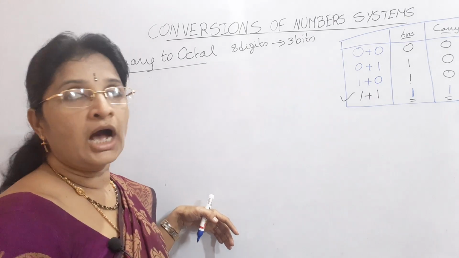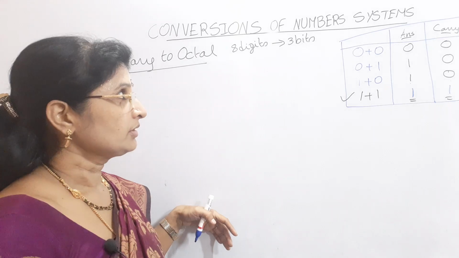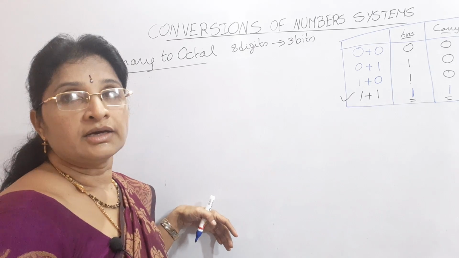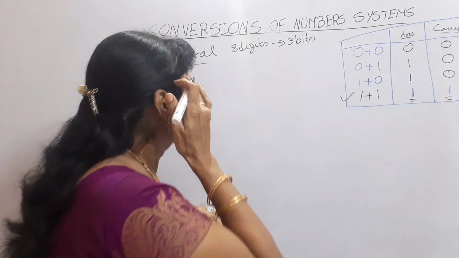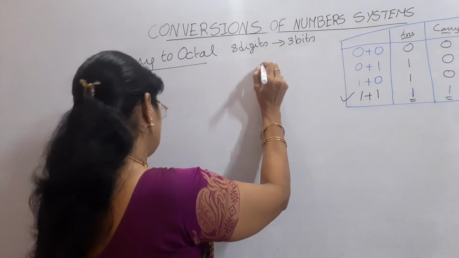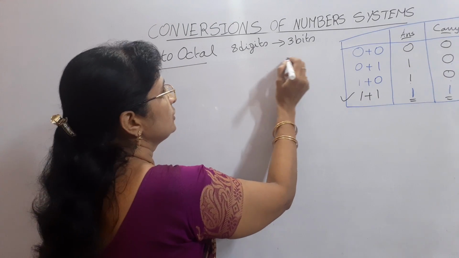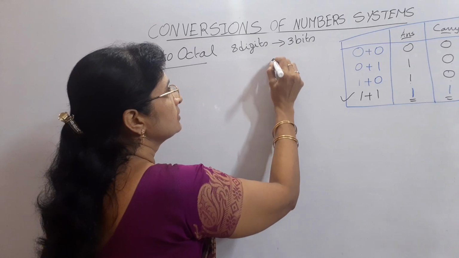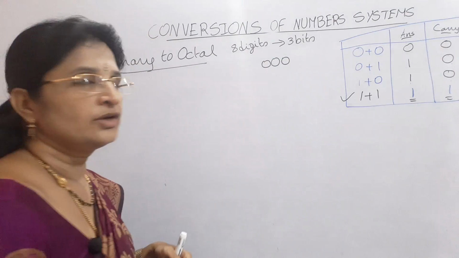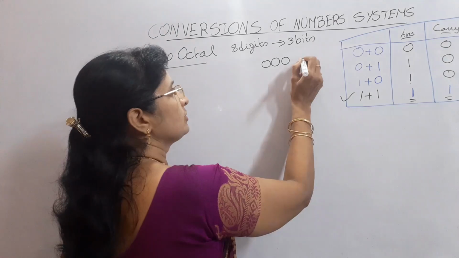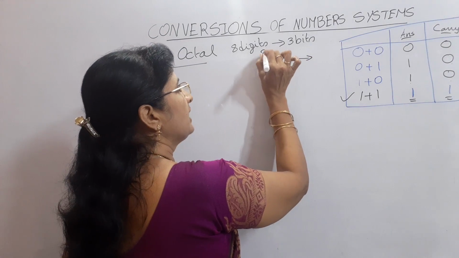Now we will see how these bits are represented in order to represent each and every digit. First of all we will start with 0. The octal digit 0 in binary is 0, 0, 0.